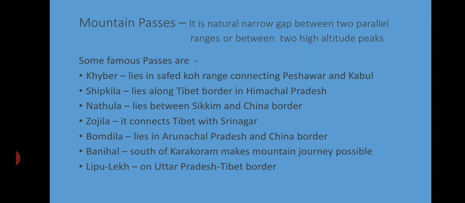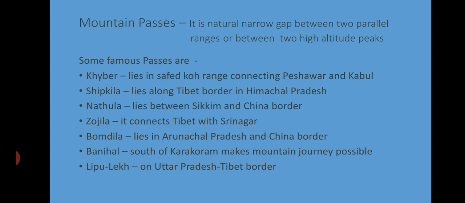Then comes Nathu La, the famous pass, mostly controversial nowadays because of the continuous Chinese invasion. It lies between Sikkim and China. Then comes Zoji La Pass, which connects Tibet and Srinagar. Then comes Bomdila, which lies on the Arunachal Pradesh and China border.